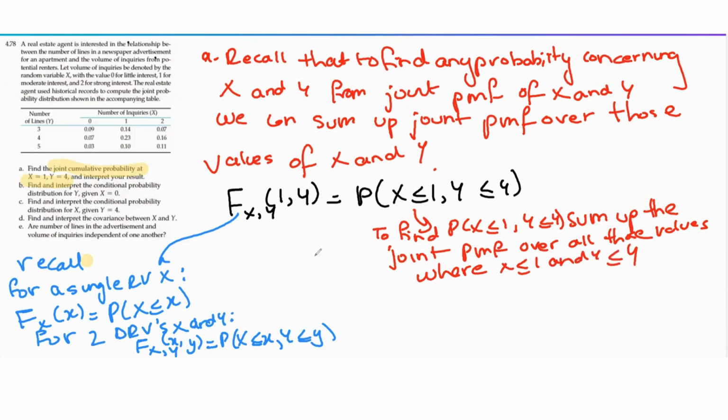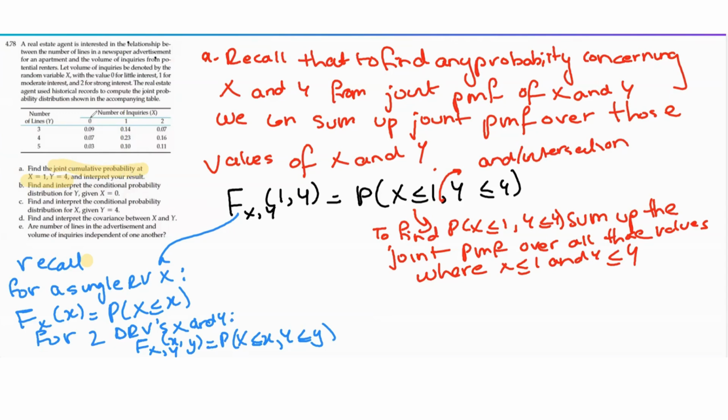Because when we use the joint PMF to find any probability concerning X and Y, we just sum up the joint PMF for those values of X and Y. Remember, this comma means and, or intersection, right? So we'll sum up the PMF for all those values where X is less than or equal to 1 and Y is less than or equal to 4.